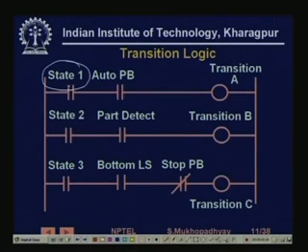If the system is in state 1, then this contact will be made, and at that point of time, if the auto push button signal comes, then transition A will get enabled. So it will be on. If we have modeled our system well, then at a time only one transition will get on. If we don't consider concurrency, then at a time only one transition will get on.